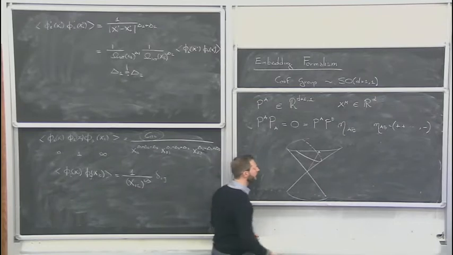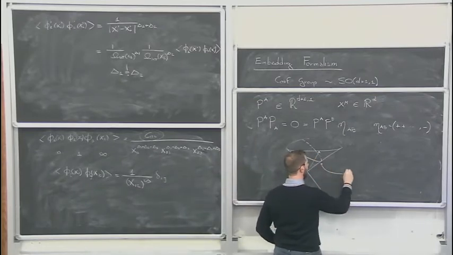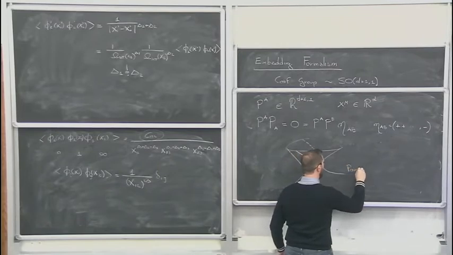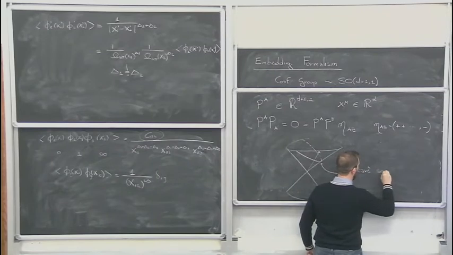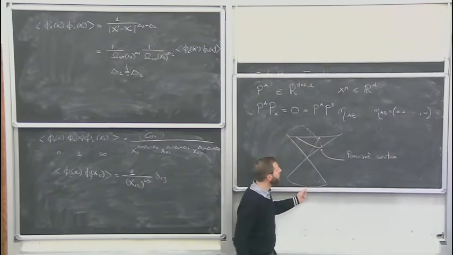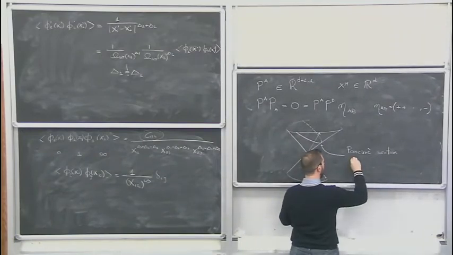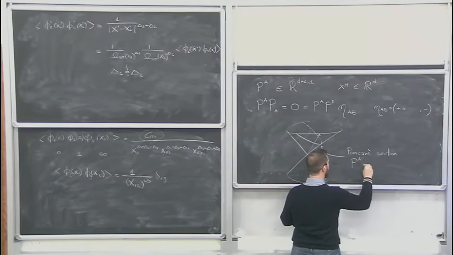This section here is called the Poincaré section, and is identified by the condition that P^A has the following form.